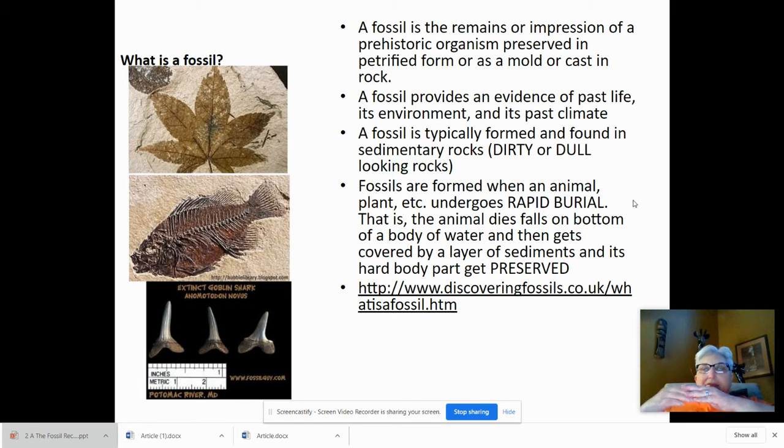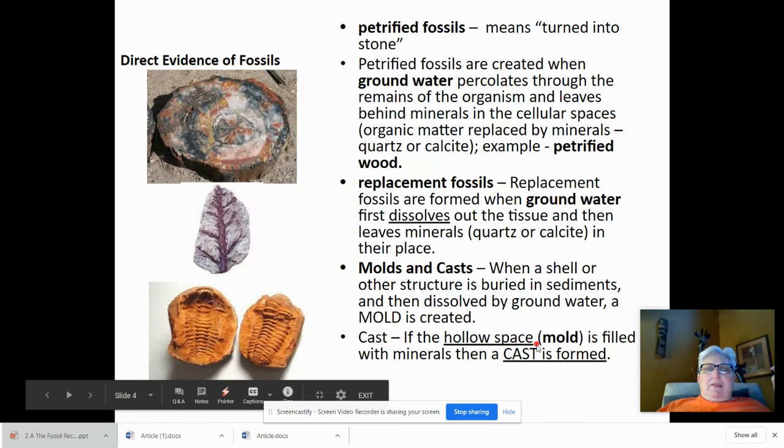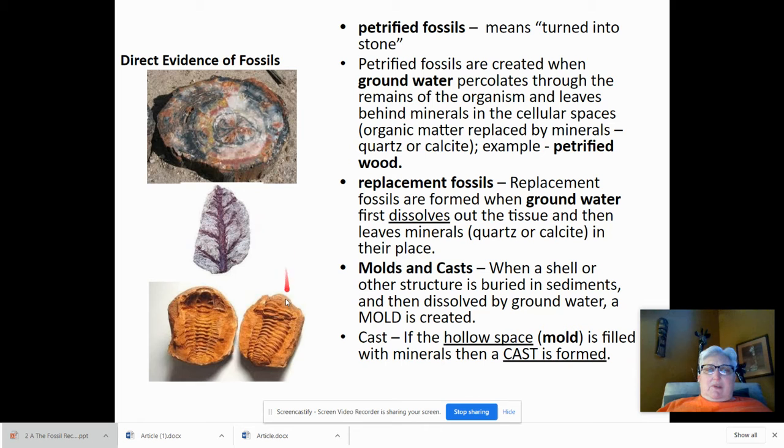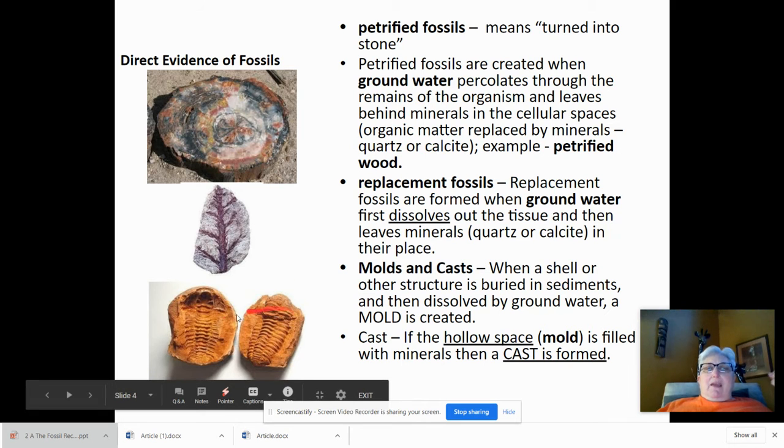But there's a lot of different things that are fossils, but they're all formed really the same way, right? Through great pressure of sediment and being buried. This is a trilobite, which is one of the most common fossils that we have. Some marine animal, but here's a mold and a cast, right?